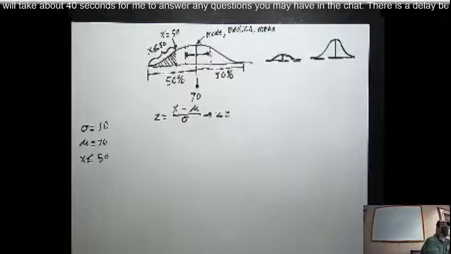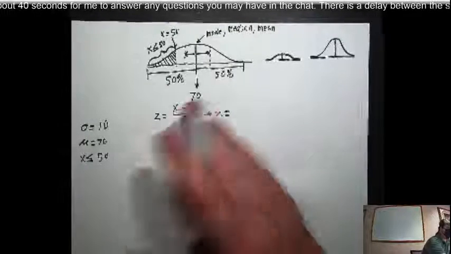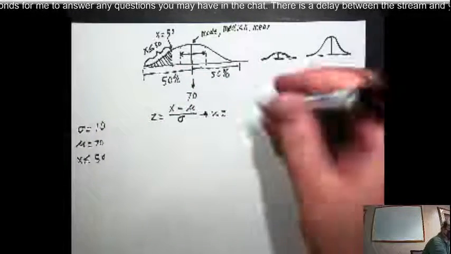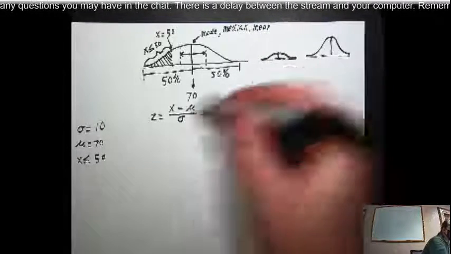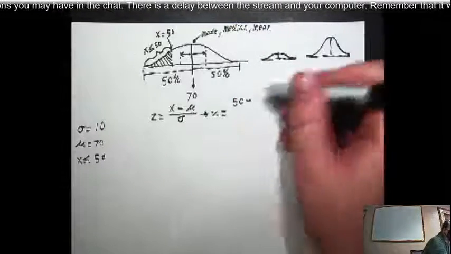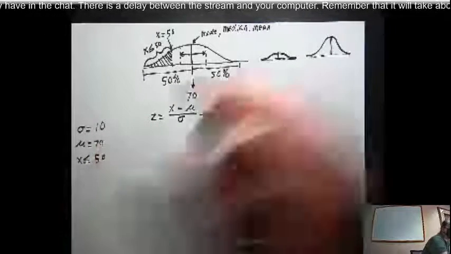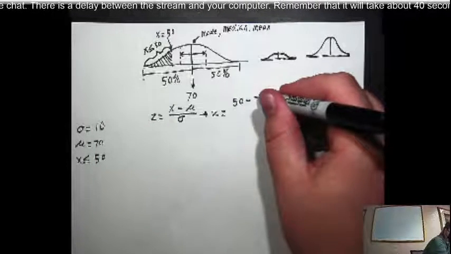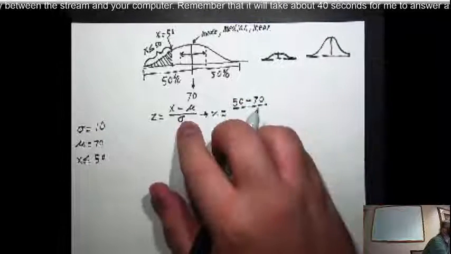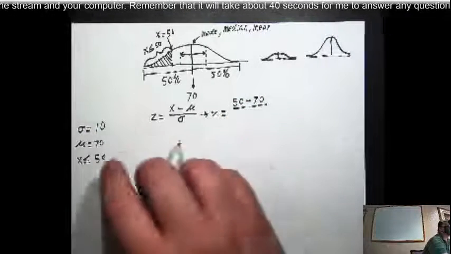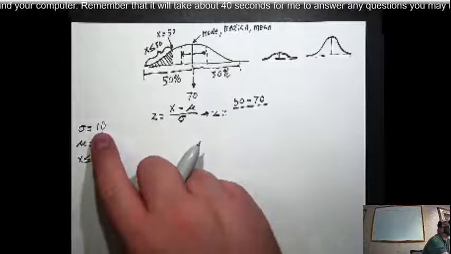Okay, so z equals x. The x that we're looking at is 50 minus the mean, mu, which is in this case 70, and then divided by sigma, the standard deviation, which again in this case is 10.